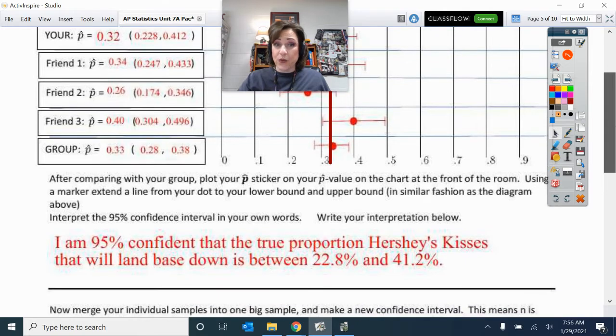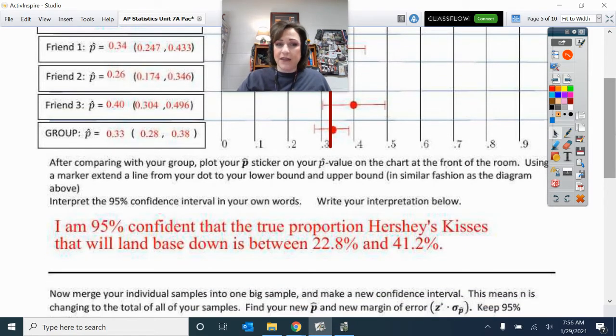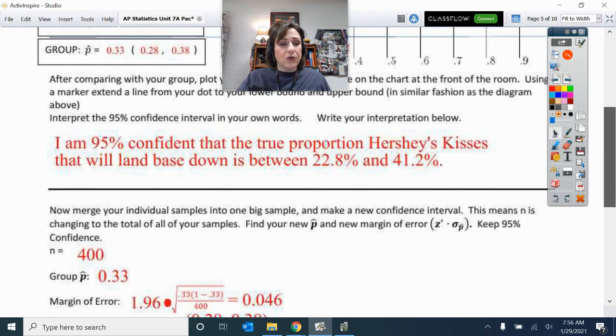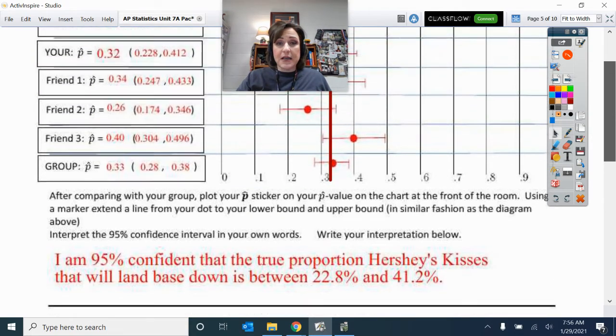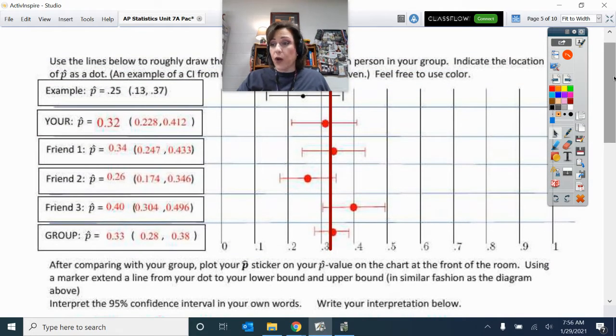And this is what I had just written on the other page, that I'm 95% confident that the true proportion of all Hershey's Kisses that will land on their base is between 22.8% and 41.2%. All right. So now we are going to merge the samples that we got. So that makes a sample of 400. I'll put a picture up.